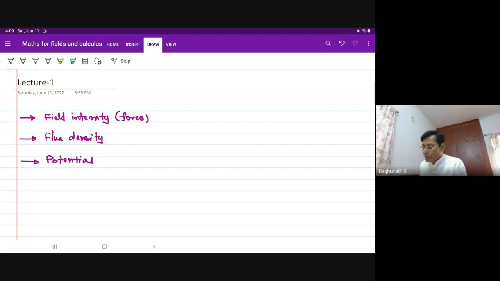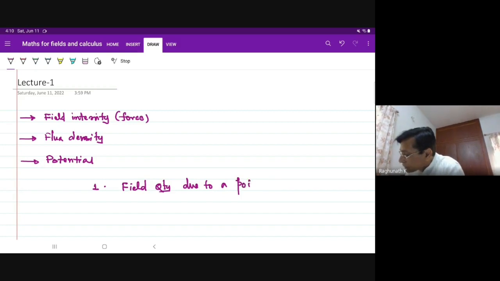Listen carefully. When we define these quantities, step 1, the field quantity due to a point source.